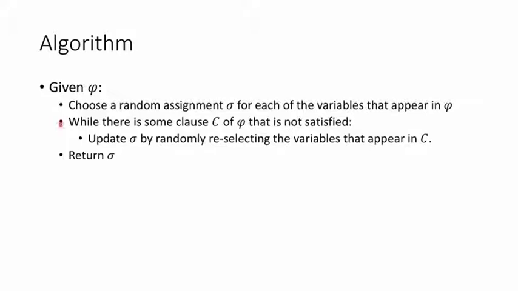We're going to do that until, hopefully, this while loop terminates. We'll cross our fingers and just hope that it does. And then we'll return sigma. So obviously, if this algorithm does terminate, it will have found a satisfying assignment. Thus, our job is to show that it terminates, and in particular, that it terminates reasonably quickly.